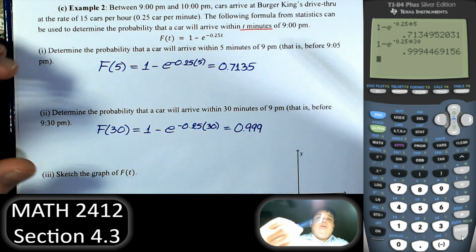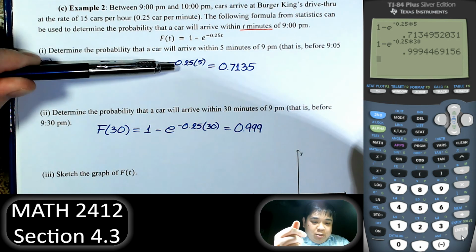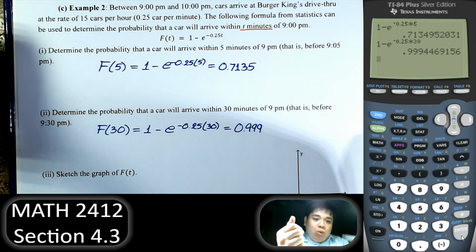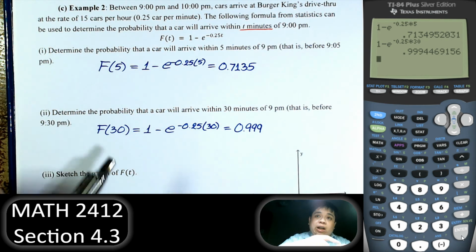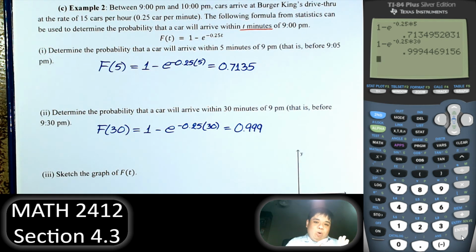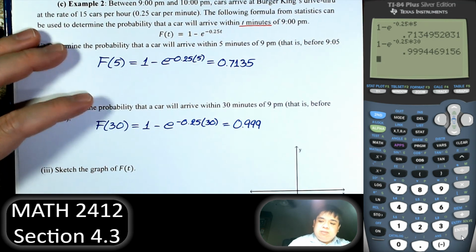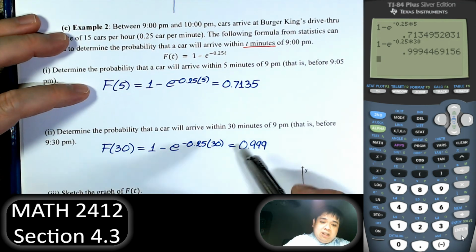Right. So now, if we have this probability and this probability, if we just subtract them, then we have the probability that the car can go from 9:05 to 9:25. Anyway, if we want to sketch the graph, it's easy.